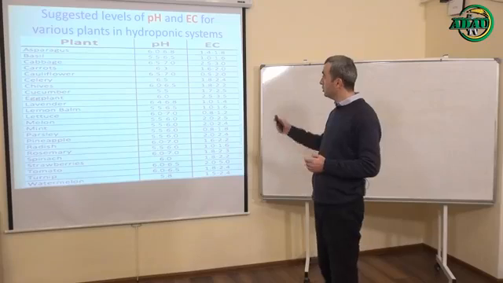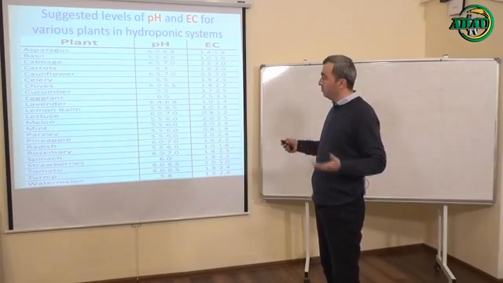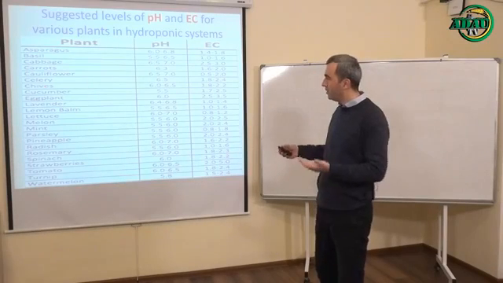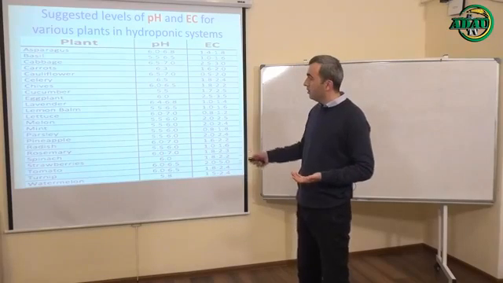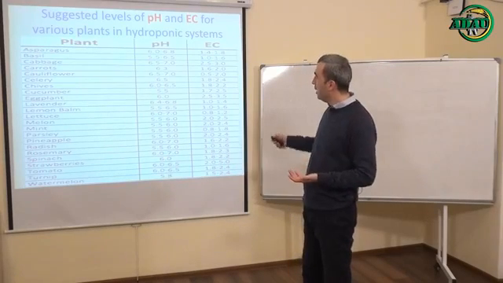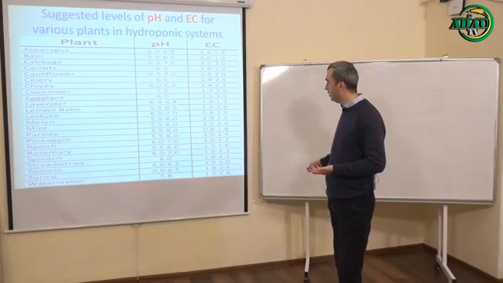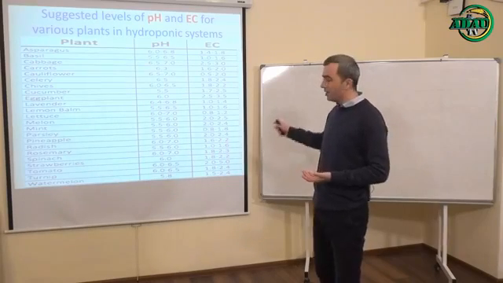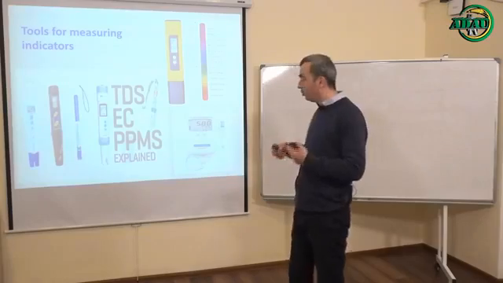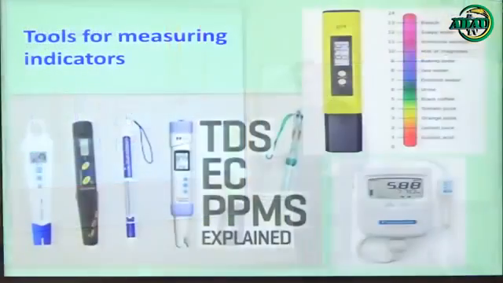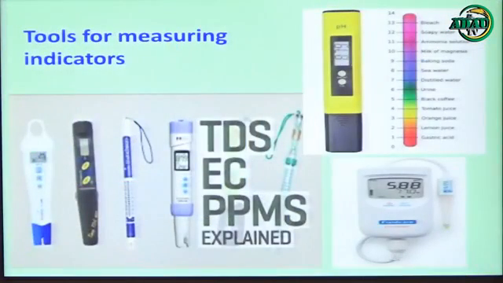So this is a table just to give you an understanding that different plants have different requirements on pH level and on EC level. This is an average, of course, but if you go more deeply into the details, these numbers also change based on the growing stage.